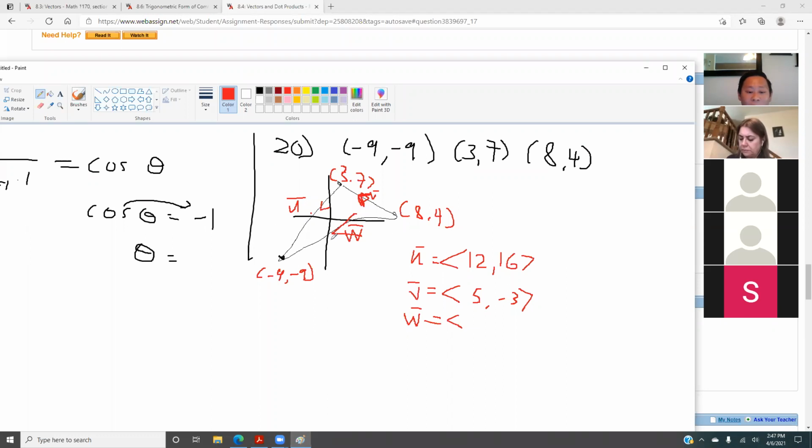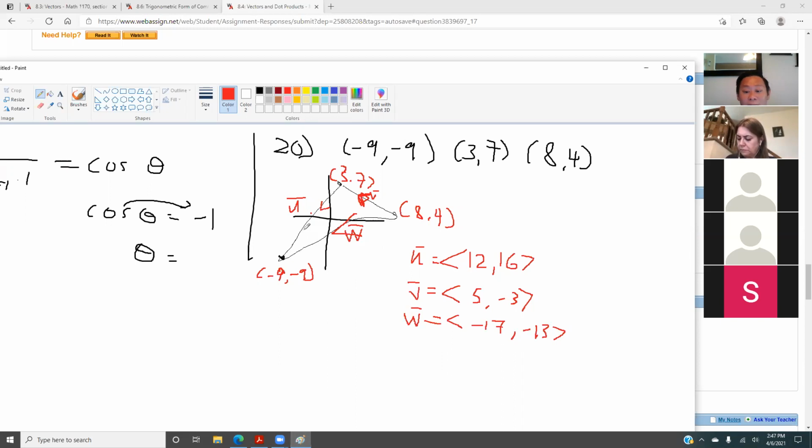Okay, so that one's gonna be -4 minus 8. It's 8, 4, and -9. Sorry, that's my bad. -9 minus 8, which is -17. And then -13. This one looks like you're going the wrong direction.